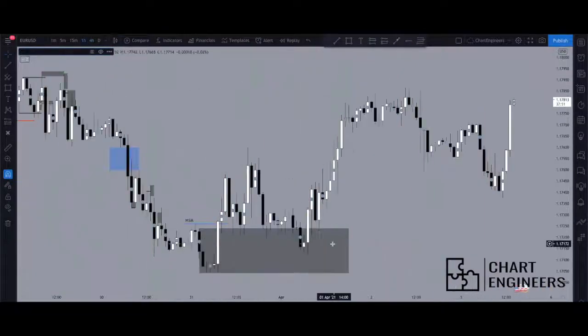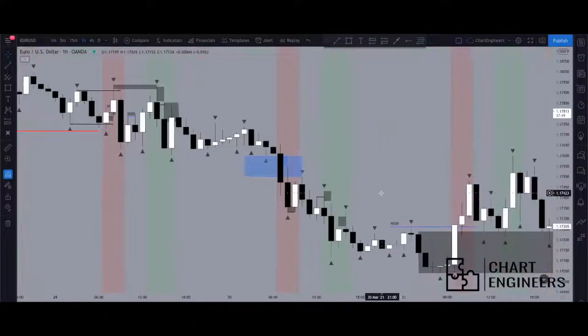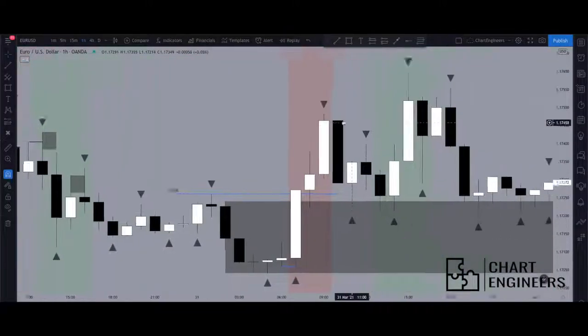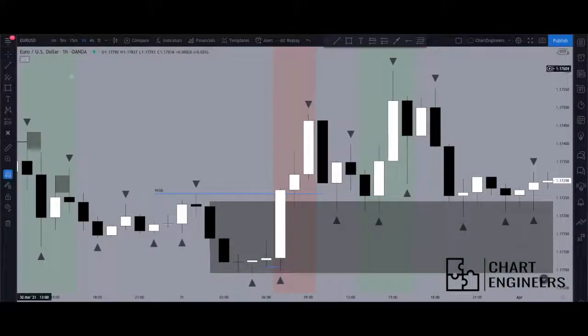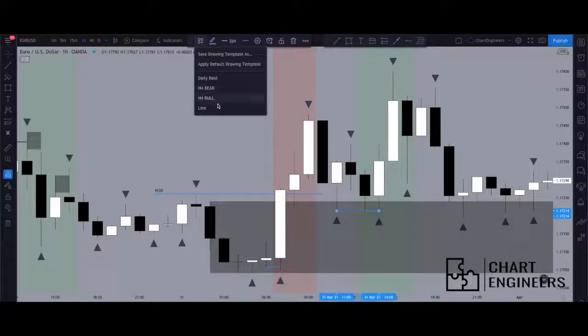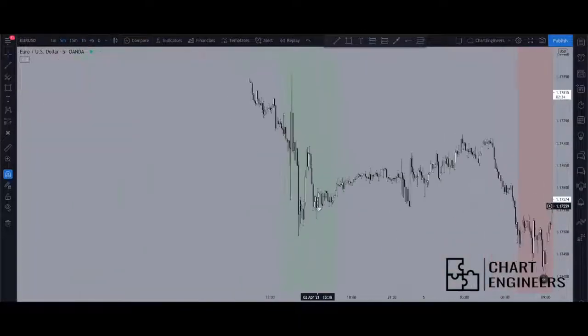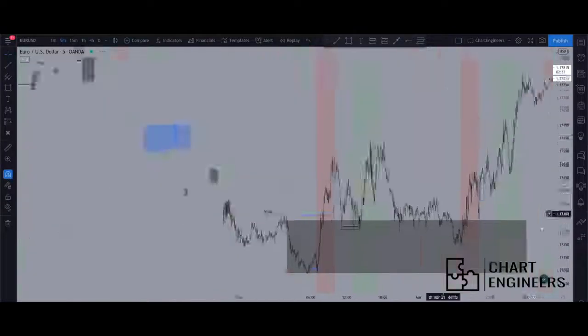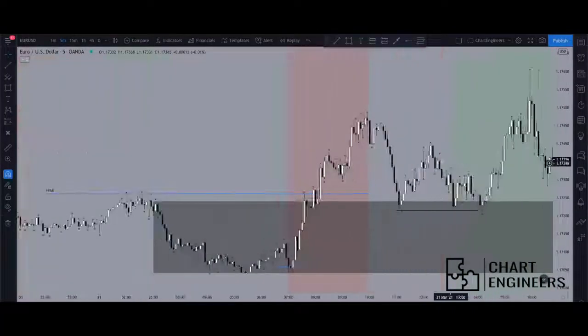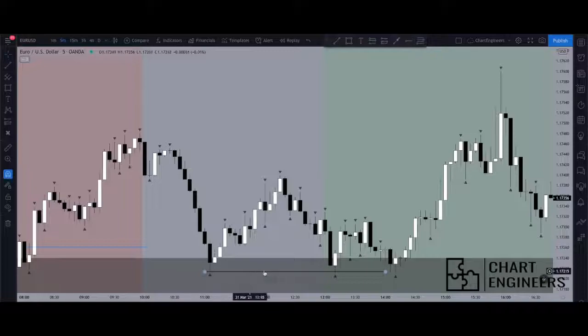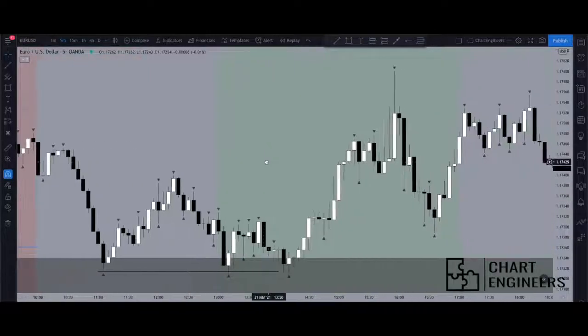And then on the H1, so at 1 PM we actually get a liquidity raid. So H1 raid. Then you want to go to your 5-minute time frame, and you see that it is also a M5 raid, and we have another M5 raid here.